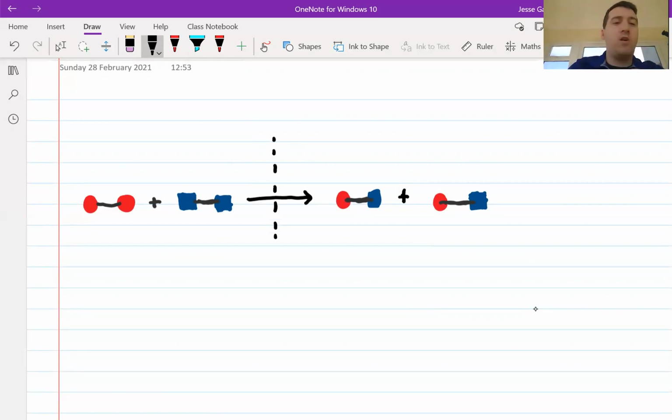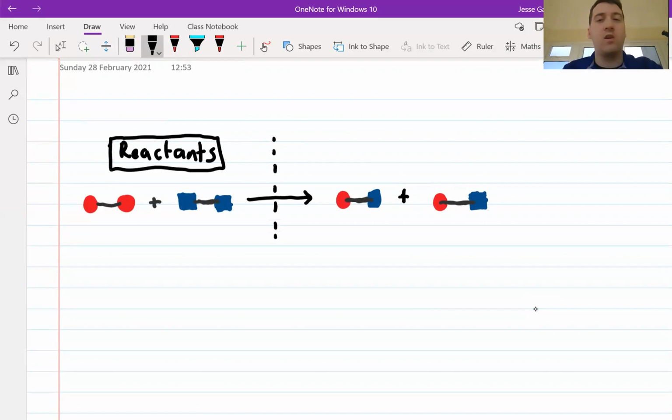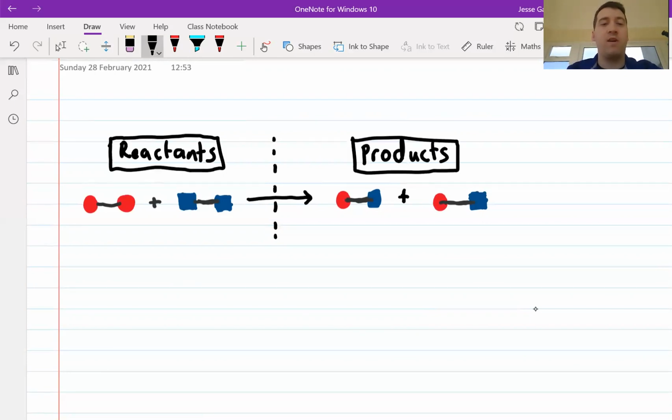We always begin with chemicals that we call the reactants. The reactants are always found on the left-hand side of this little dashed line, or you could call it the left-hand side of the arrow. So we always begin with the reactants on the left, and after the reaction is finished, we end up with new chemicals, compounds that we do not call reactants, accident there. We call them products because they are produced in the reaction. So on the right-hand side of the arrow is where we would find products.